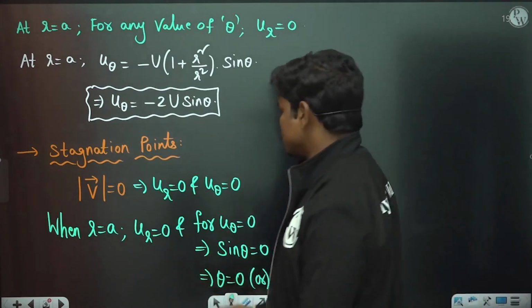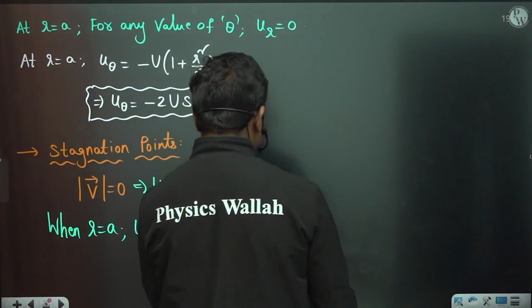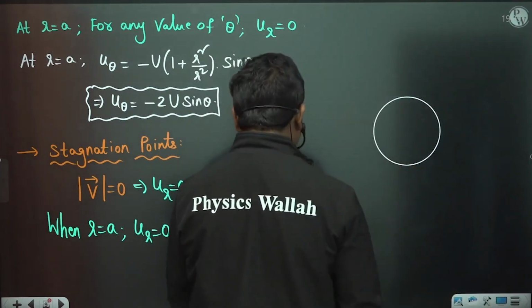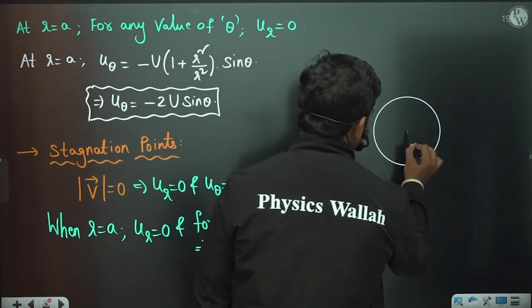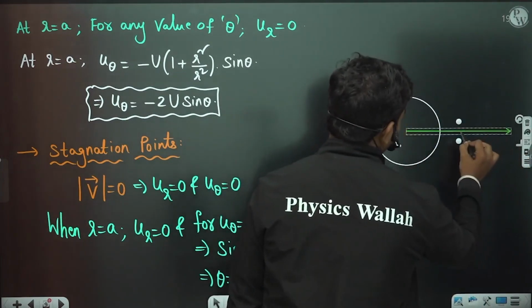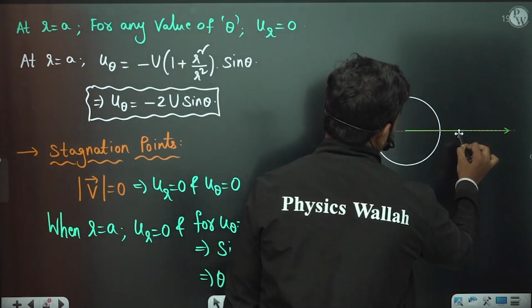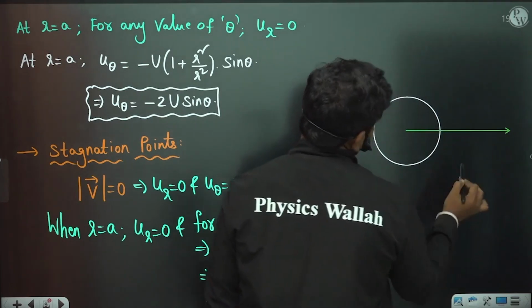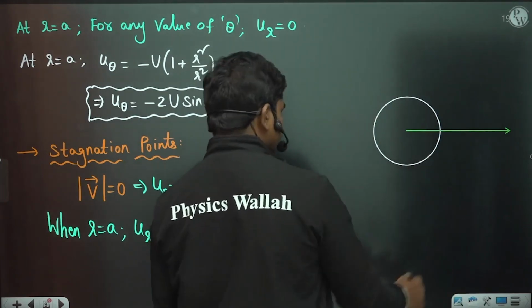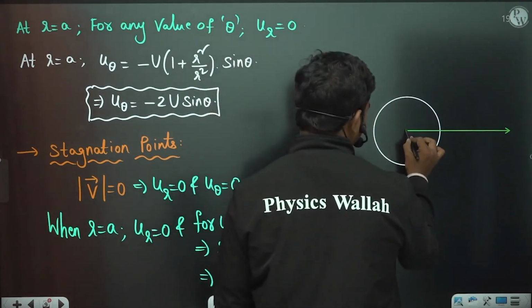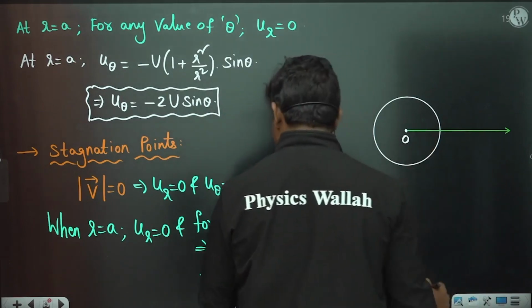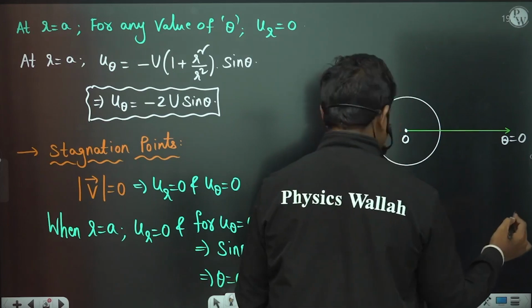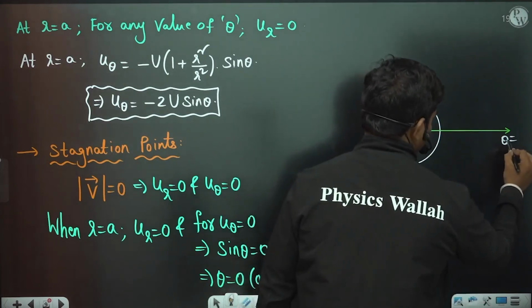Okay, so if you try to plot those stagnation points, for example this is the circle r equal to a, and this is the actual reference system, then this is the origin, and this is theta equal to 0.